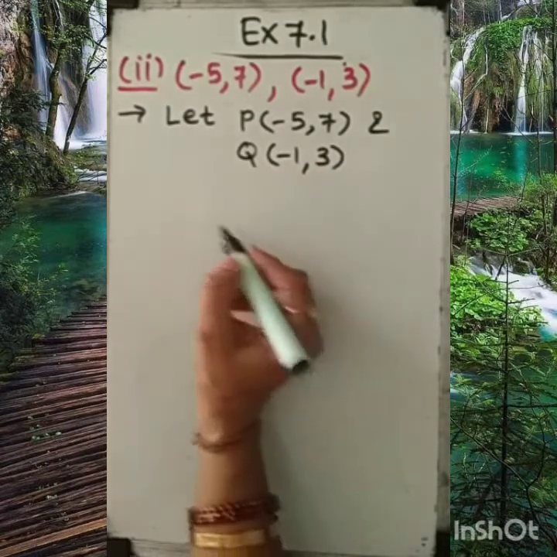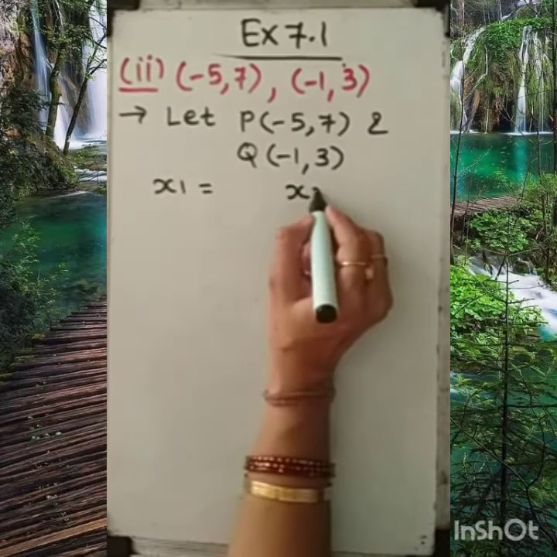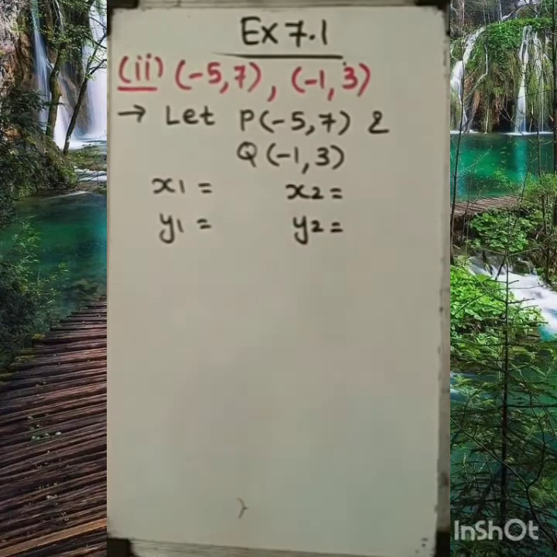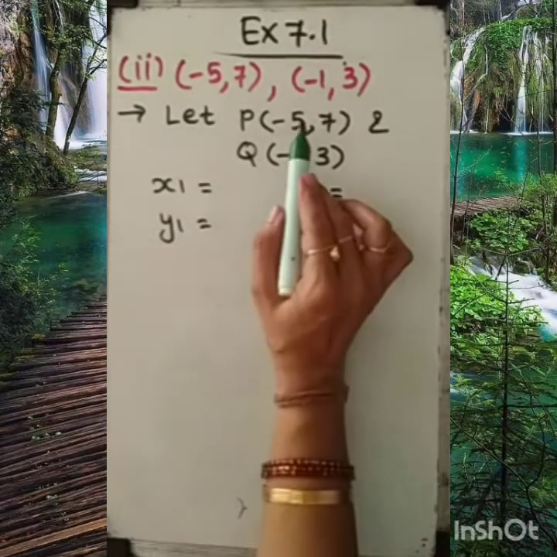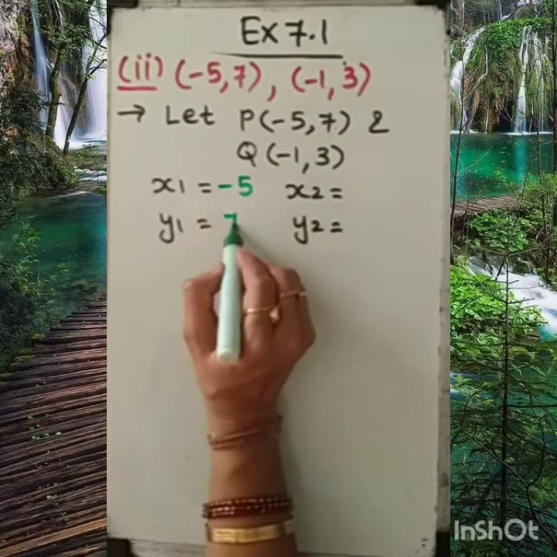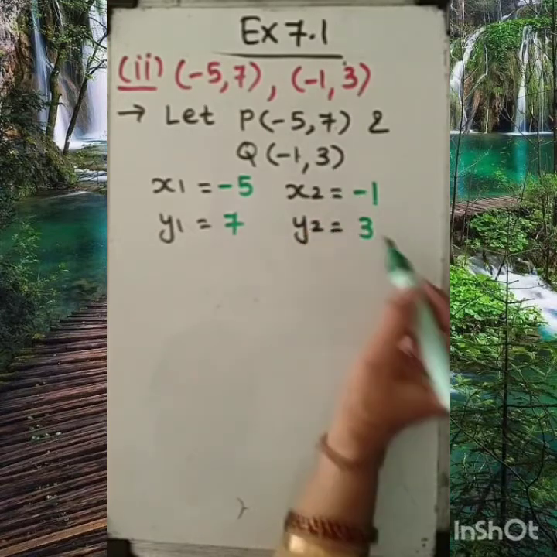Now, as I told you, we need to mention x1, x2, y1, y2. The coordinates of point P we are considering as (x1, y1). So this is x1, this is y1, this is x2, this is y2. Got it?